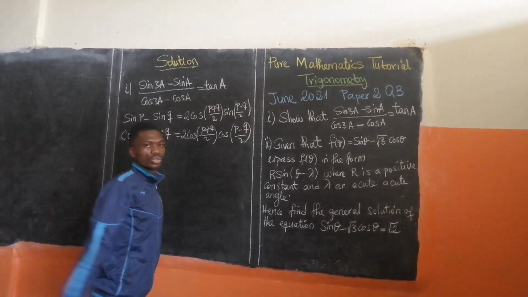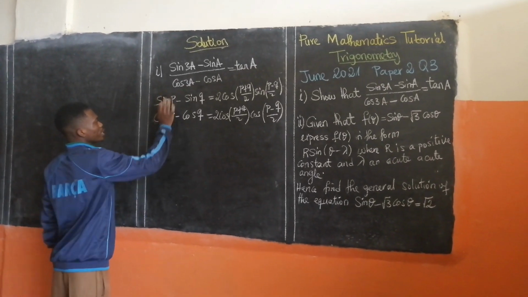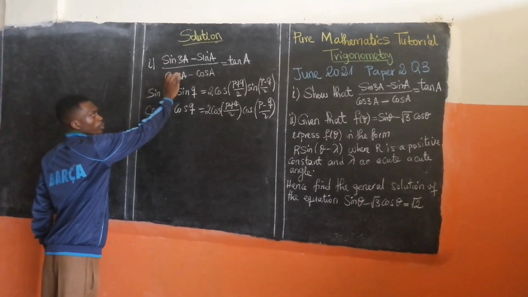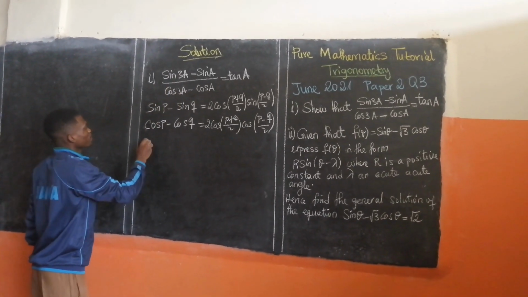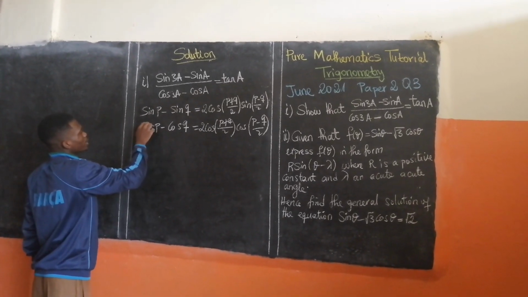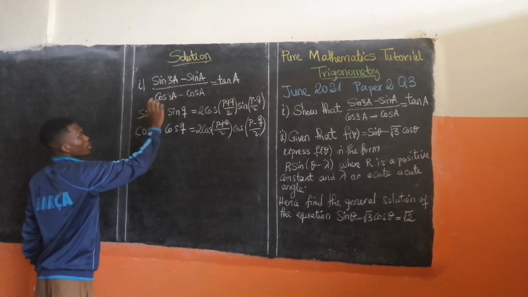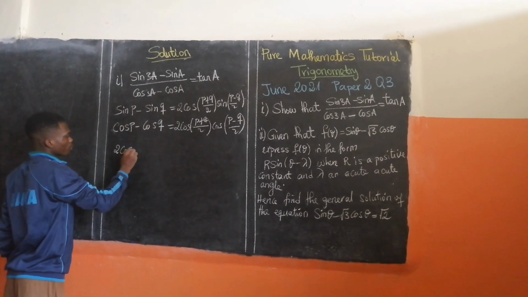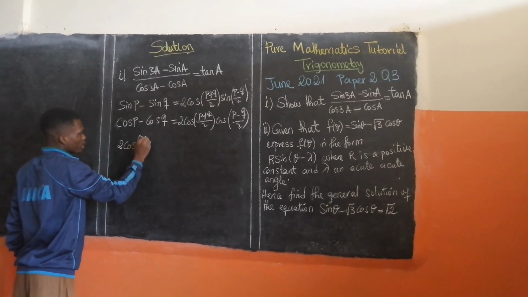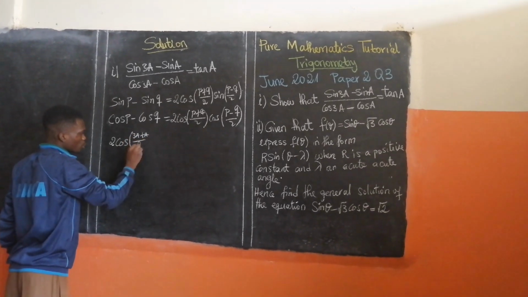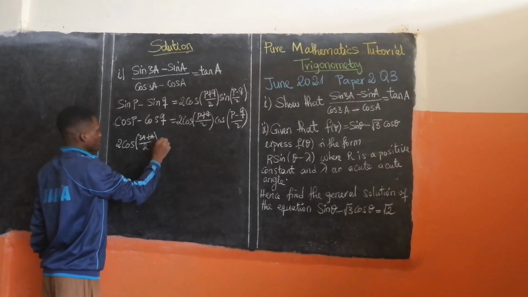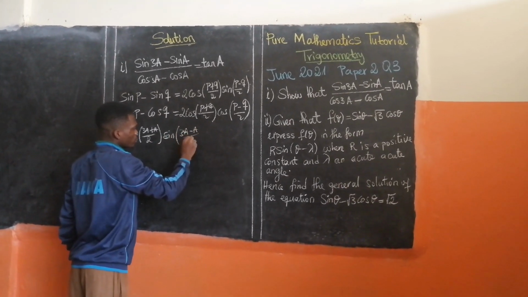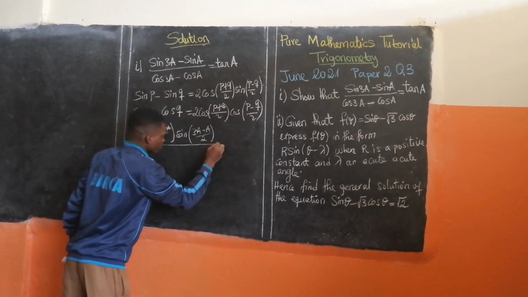So now substituting this into the top and bottom, sine 3a minus sine a gives us 2 cos of (3a plus a) over 2, then sine of (3a minus a) on 2. We divide.